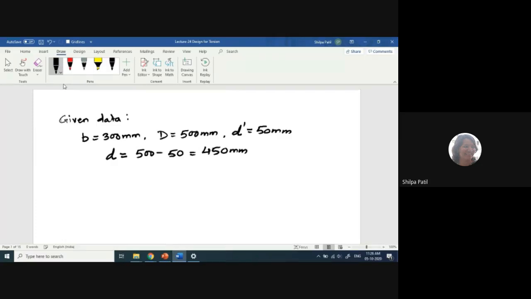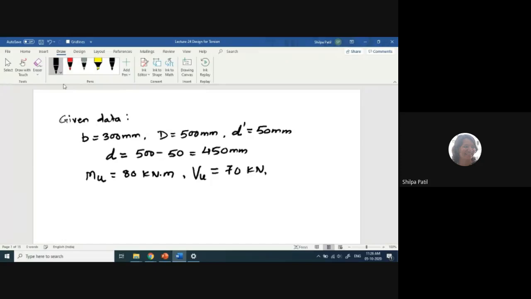Then Mu value is given. It is 80 kilonewton meter. Then shear force Vu is also given, 70 kilonewton.